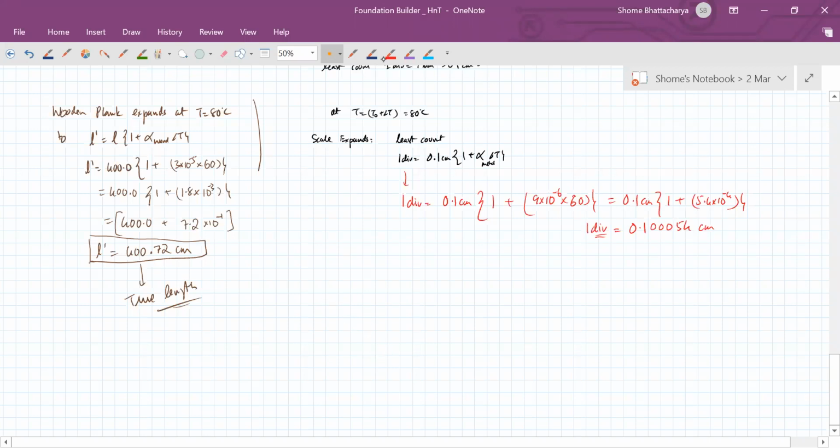So the measurement made by the scale is the true length divided by the least count. That is L prime divided by 1 division. So L prime is the original length into 1 plus alpha of wood into delta T.